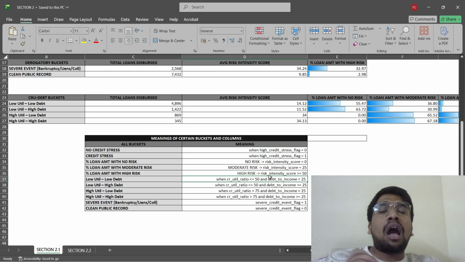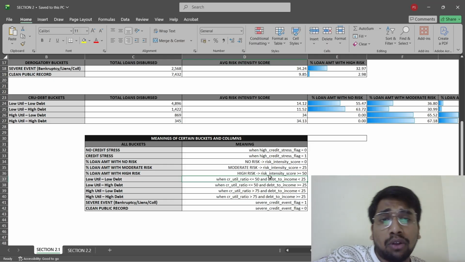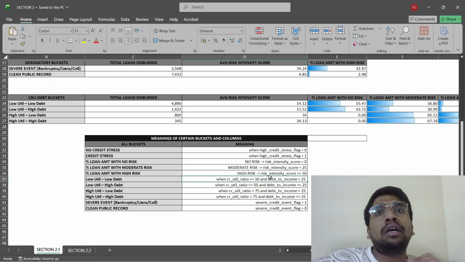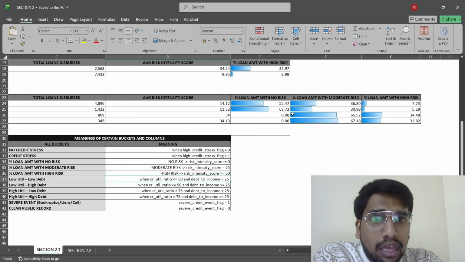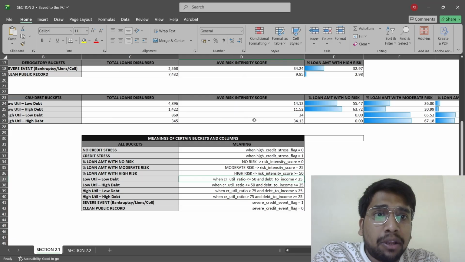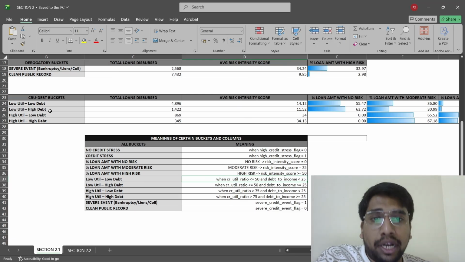Now how did I determine these exact numbers? Again, I searched on Google and ChatGPT, and I used whatever the industry standards were. And then you can see, for example, that 65% of the loans have high utility and low debt.